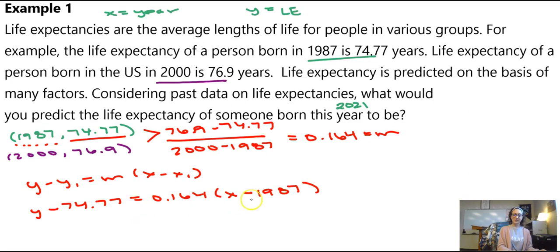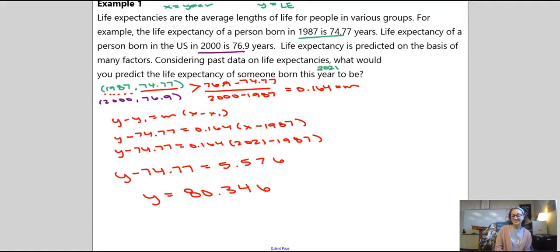So there's a line that will give me my life expectancy y for any year x. Now if I wanted, I could solve this for y right now, right? Now let's go ahead and plug in 2021 and solve for y there. So I'm going to let you finish off the problem again. Plug 2021 in for x, solve for y, hit continue when you're ready to see the answer.